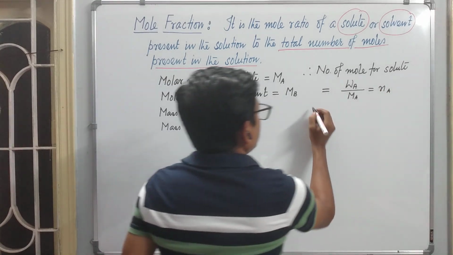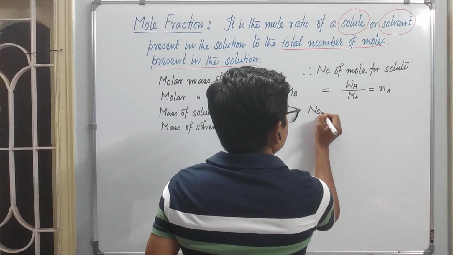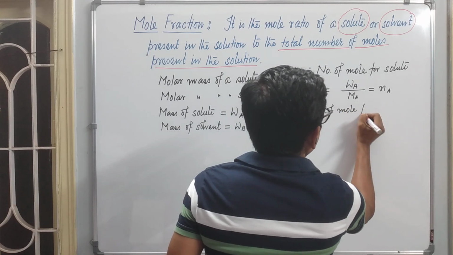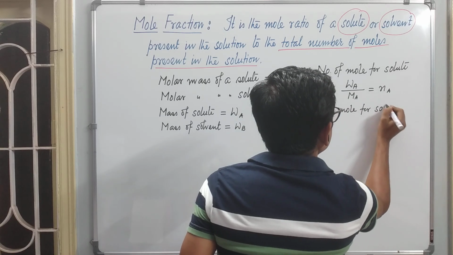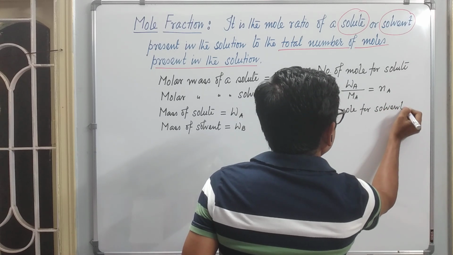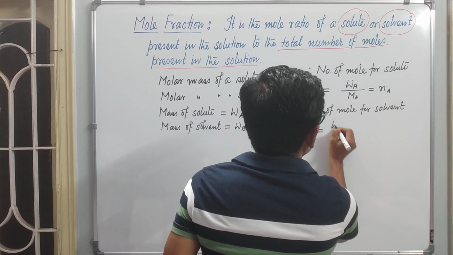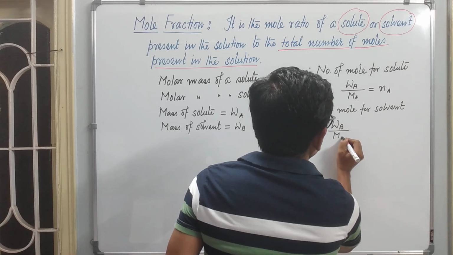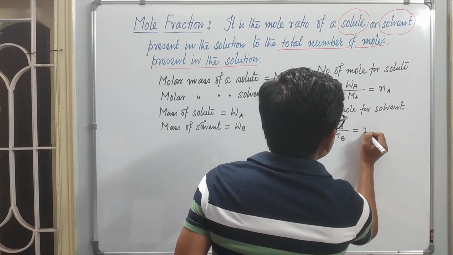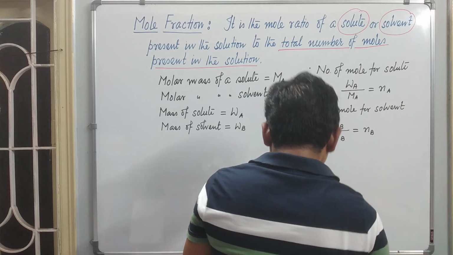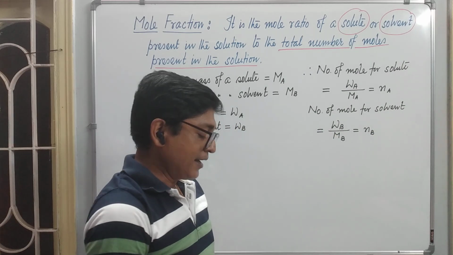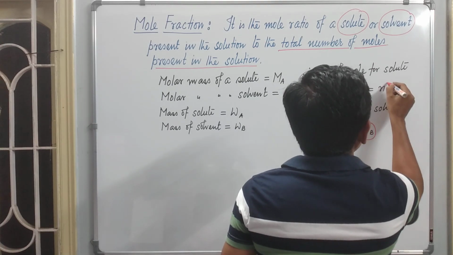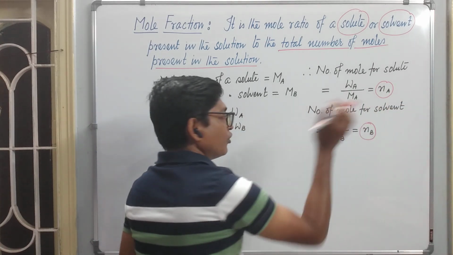Similarly, we can calculate the number of moles of the solvent. It will be mass divided by molar mass, and let's say this is NB. So here NA and NB are nothing but the mole numbers for solute and for solvent.